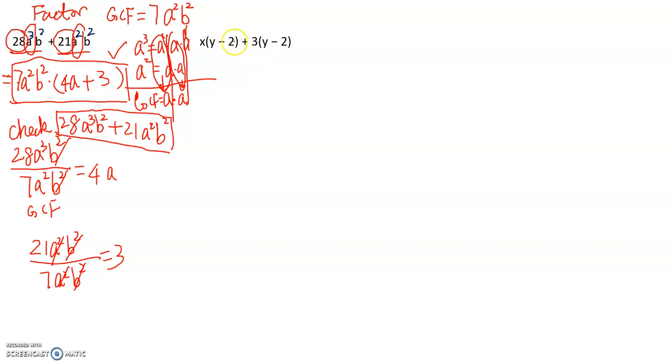Sometimes the greatest common factor, like the one we had, 7a squared b squared, is a monomial because there's no plus or minus. But it's possible the greatest common factor could be a binomial, or a trinomial, as long as they match. That's a greatest common factor.